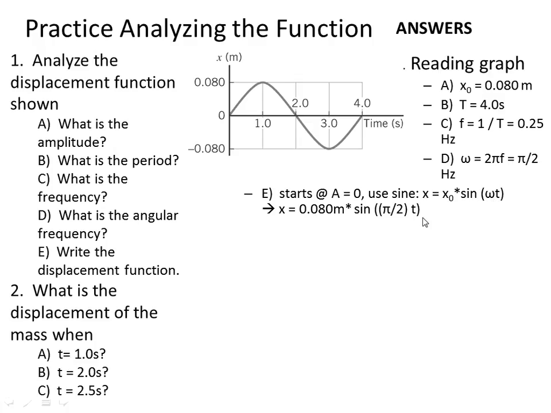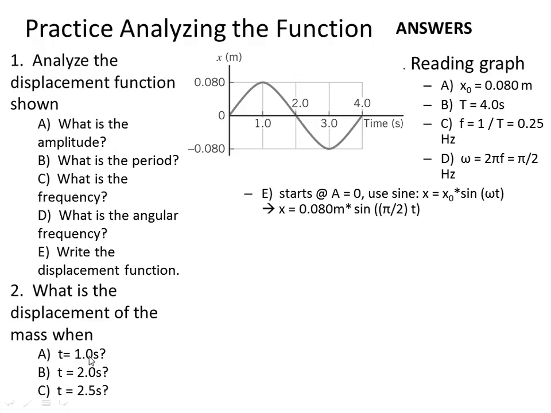So when we do this, we're going to take the sine of this whole thing: half of pi, you could also say 0.5 pi, times t. But then when we start plugging things in, as in number 2, we might see that some of these fractions actually cancel each other out. So let's look at that.